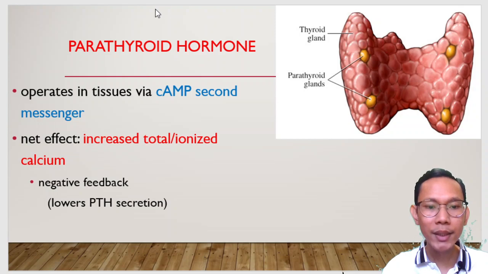So the net effect of your parathyroid hormone, again, is to increase your total or your ionized calcium. The negative feedback for your parathyroid hormone is to lower your parathyroid hormone secretion. Again, the main effect of your parathyroid hormone is to increase your total serum or ionized serum calcium in the blood.